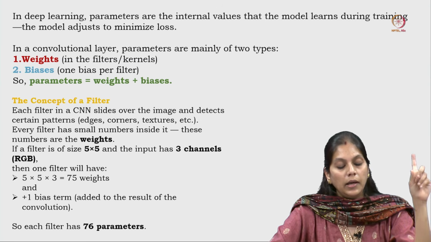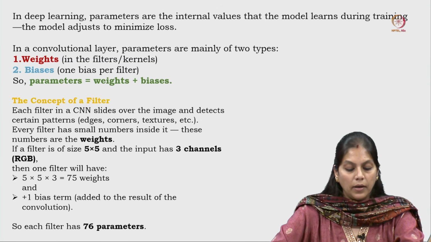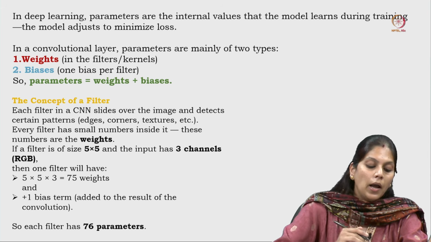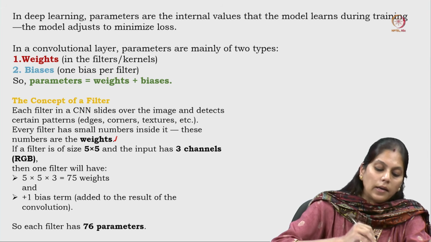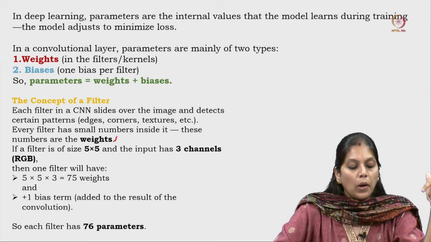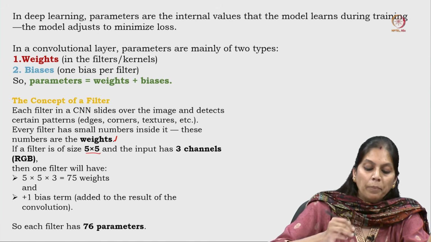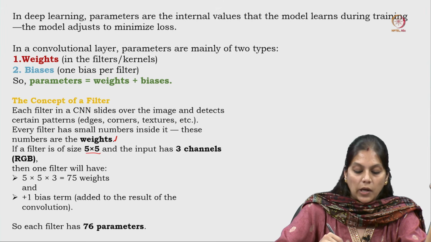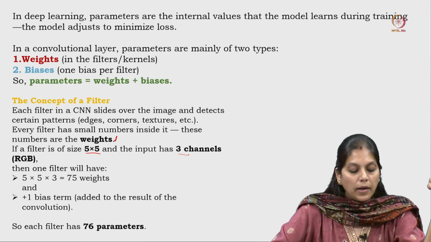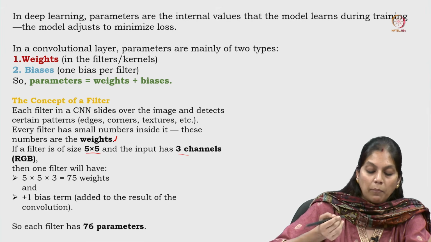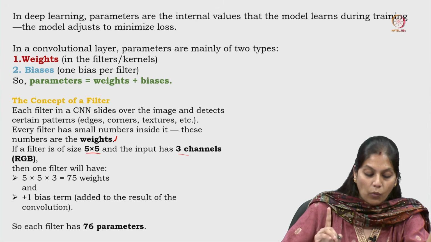Now, each filter will have numbers inside it, and those numbers we call weights. If you take a filter of size 5 cross 5, and the number of channels is 3, do you know how many weights we will have for one filter?